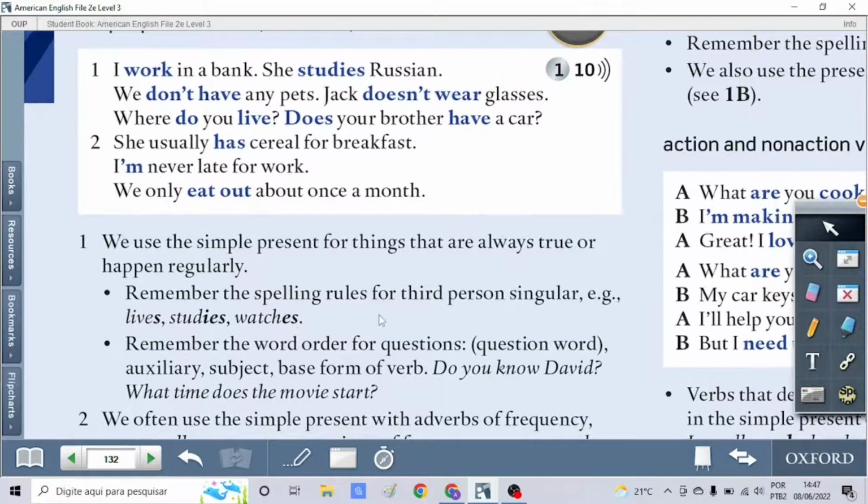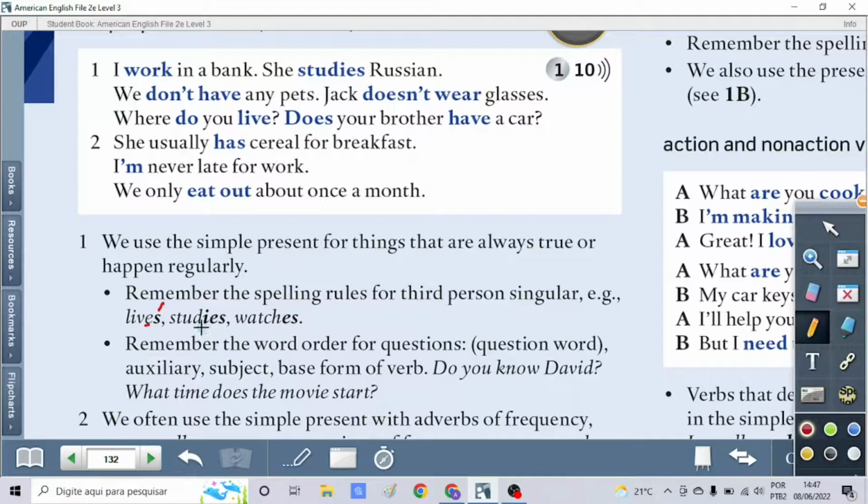Remember the spelling rules for third person singular? So for he, she, it, we need to use s at the end of the verbs. So that means that live will become lives. If the verb ends in e, we basically add s.